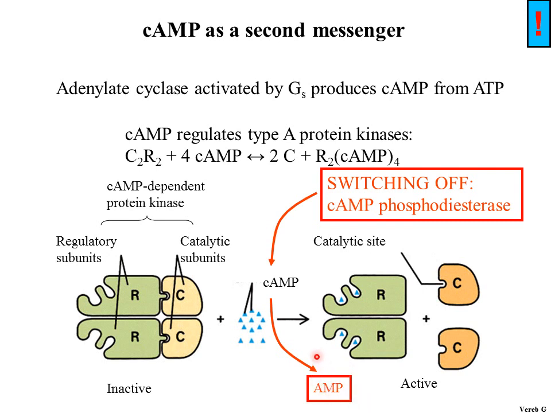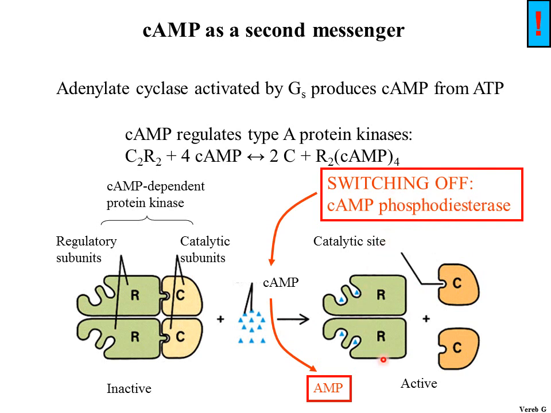But then, of course, it doesn't bind anymore to the regulatory subunits here. So the equilibrium, which is between cyclic AMP and the regulatory subunits and their cyclic AMP bound form, is shifting back towards cyclic AMP dissociating, because its amount is being decreased by the phosphodiesterase.